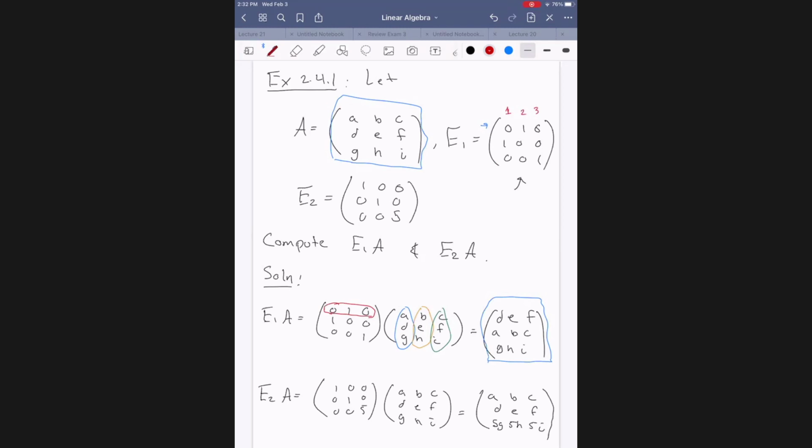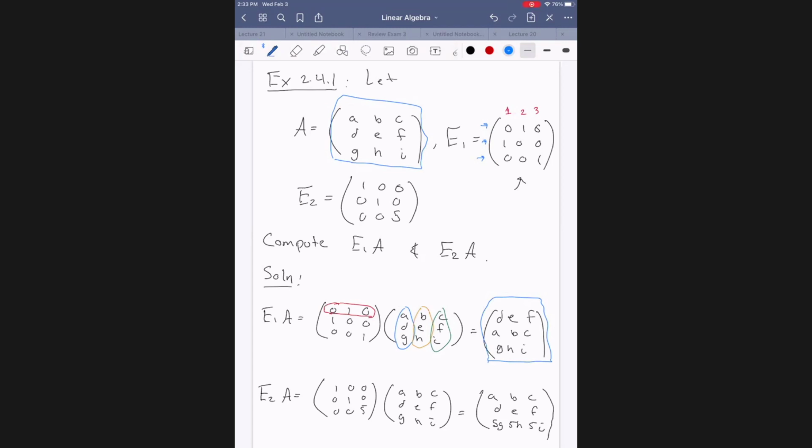The position I put the 1 in is where that row will go to. So that first row, if I wanted it to go to the second row, I put the 1 into the second position. Same thing with this one. I wanted this row to go to the first row, so I put a 1 in the first position. And since I wanted to keep the third row unchanged, I just keep the 1 in the third position. That's how I think of it at least. That's how you interchange rows.